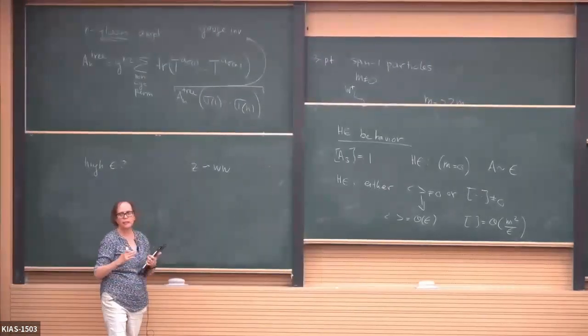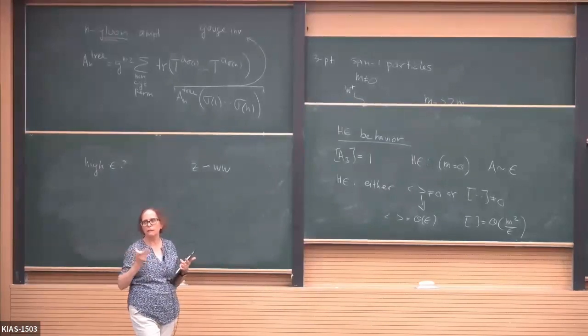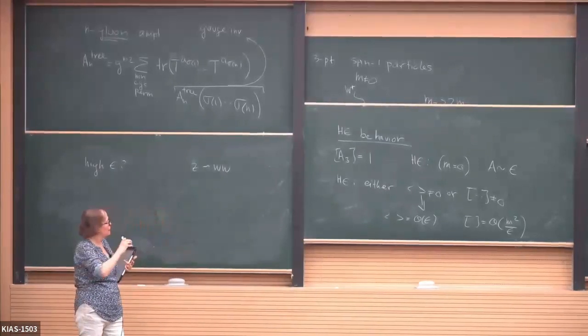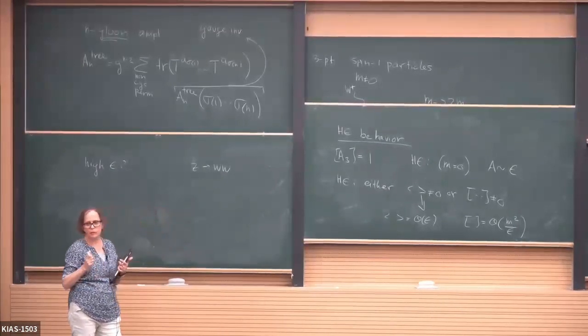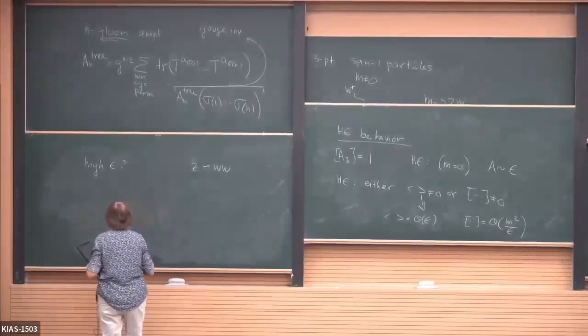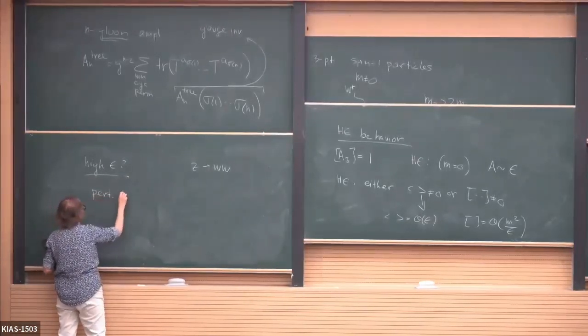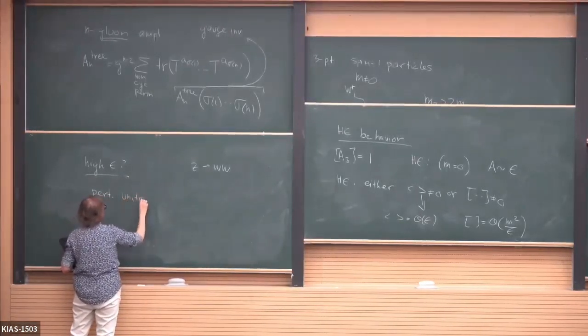But again, the trick is that we're going into complex momenta. In complex momenta, we can talk about the leading behavior of the momentum, and that defines our high energy limit. And then I can ask questions about perturbative unitarity.